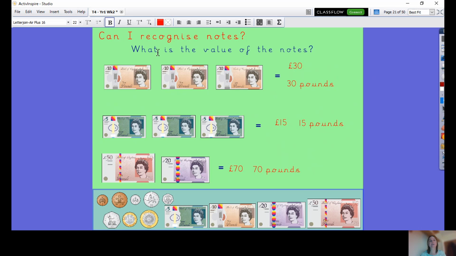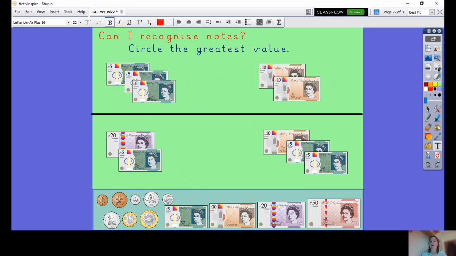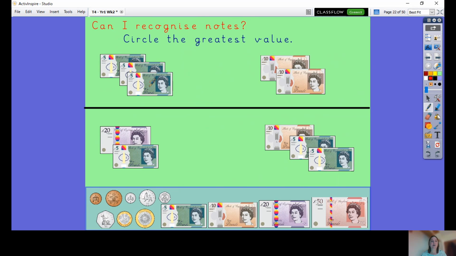Okay, so I'm sure that lots of you were able to do that. Remember, just like the coins, we're looking at the numbers and we're adding together the numbers. So looking here then, we're going to circle in each pair the greatest value, so the biggest value. Before we do that, we need to work out how much is here. Although I've got 3 notes here and only 2 here, we're looking at the numbers. So I've got 5, 10, 15.